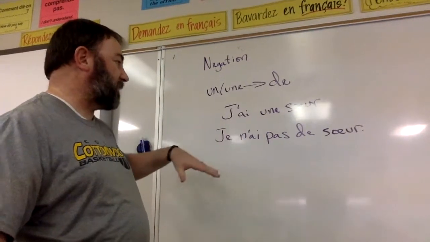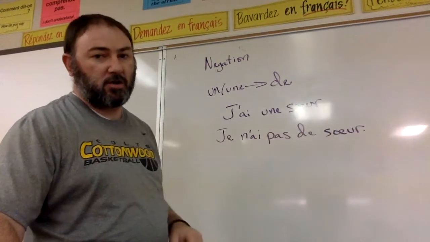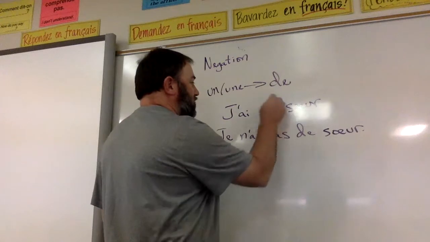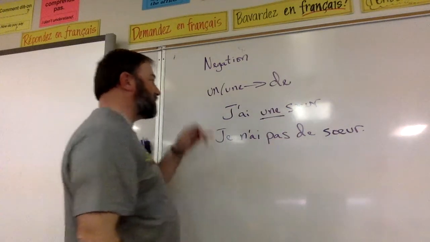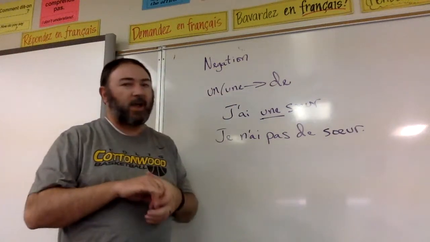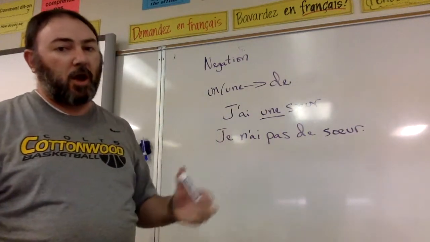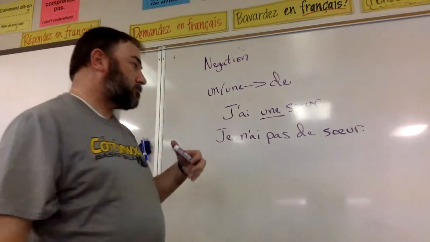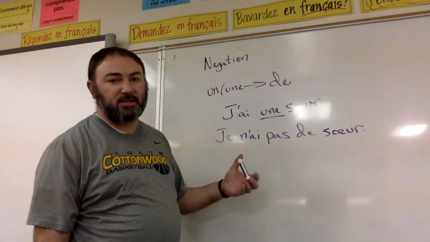So your negative sentence is going to say, je n'ai pas de sœur. You see this de right here is the changing of une. So une, when you make it negative, changes to de. The same with un. When it's negative, it changes to de. This works in any sentence when you're using un or une. It always changes to de in a negative sentence. So that's something a little extra you need to keep in mind as you're making sentences negative.